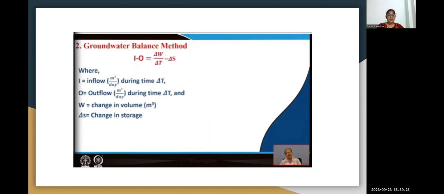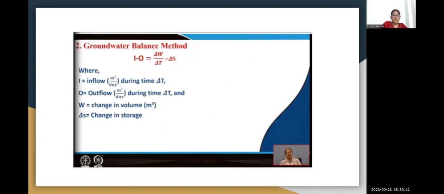Now groundwater balance is again the water budget equation, where they're considering the inflow of groundwater minus the net outflow of groundwater for a particular duration, and W will be the change in the volume. Change in volume by change in time is going to give change in storage.